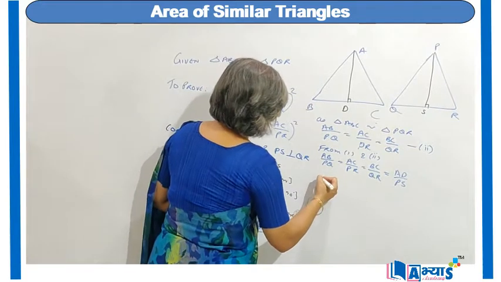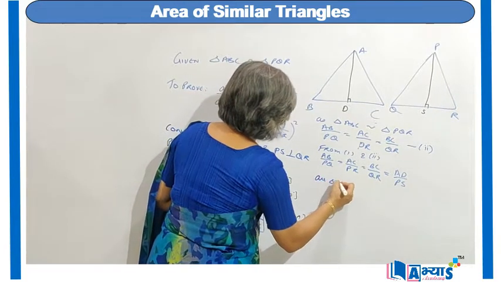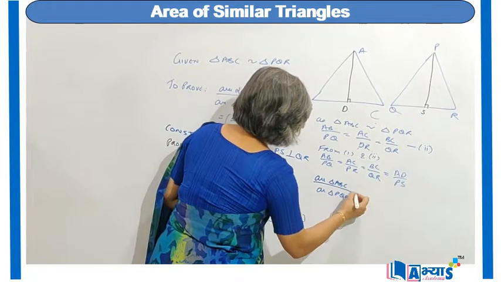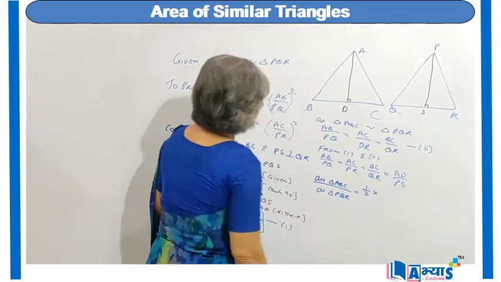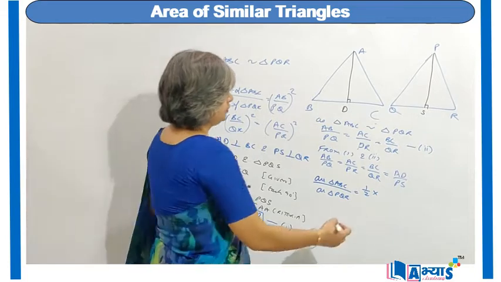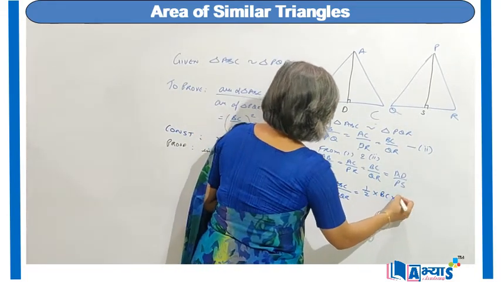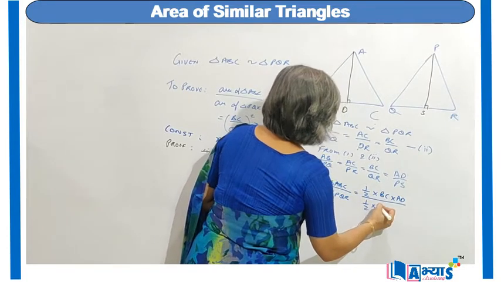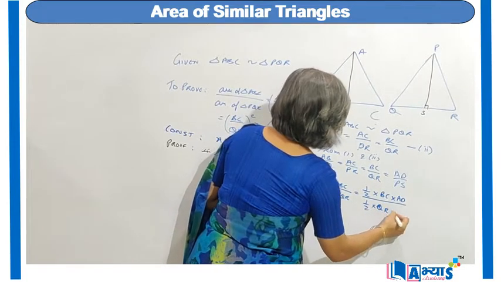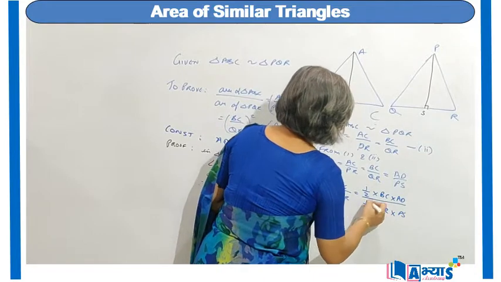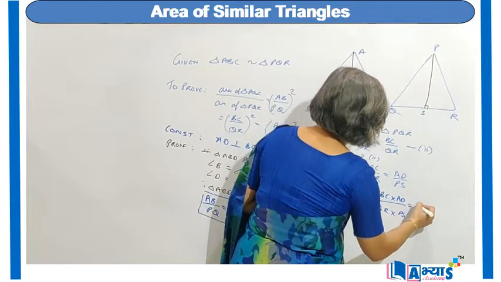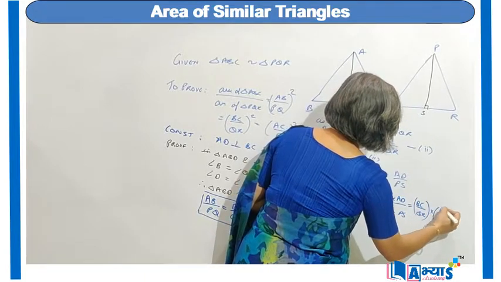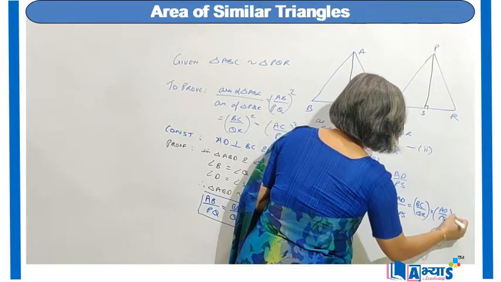Now area of triangle ABC upon area of triangle PQR is equal to half into base into height. The base of ABC is BC, so half into BC into height, that is AD, upon half into QR into PS. So half will cancel out, so it is equal to BC upon QR into AD upon PS.